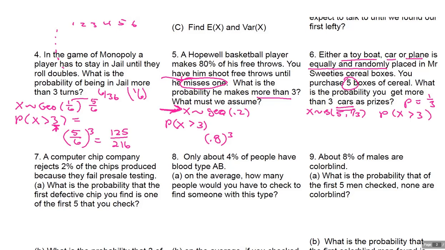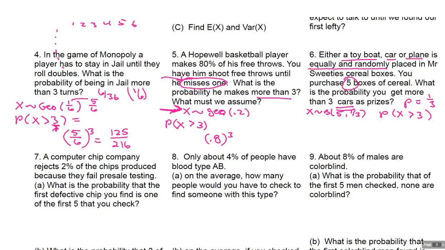Now, in this case, if there are only 5, what does that mean in words? That means out of the 5 boxes of cereal, how many of them are going to have a car? Does it mean 3 could have a car? No, it's more than 3.